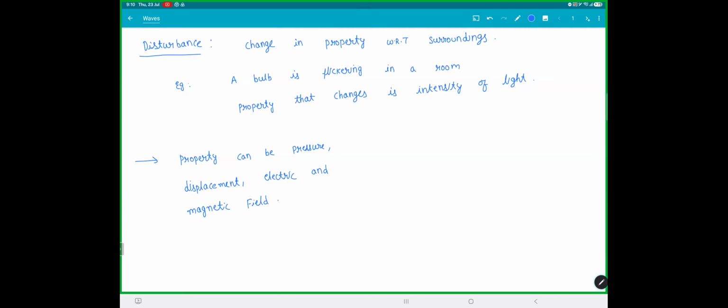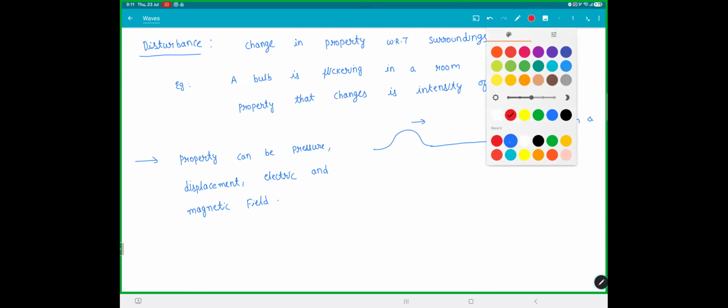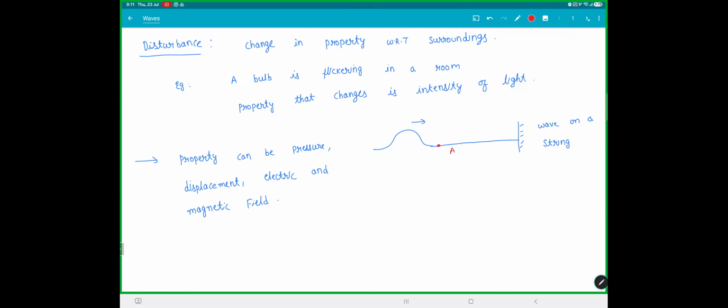If I take an example, let's say we take a string and you send a wave pulse. As this pulse is traveling forward, observe a point here, A. This bump will travel here.